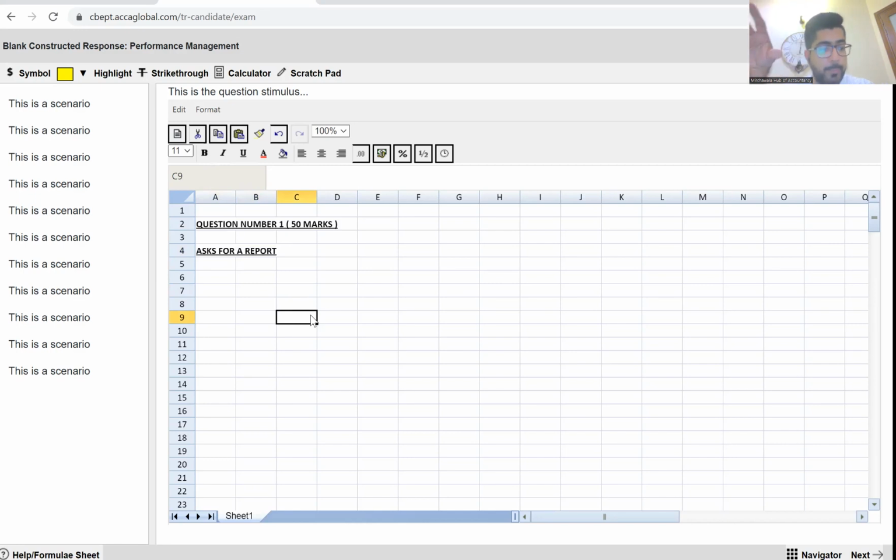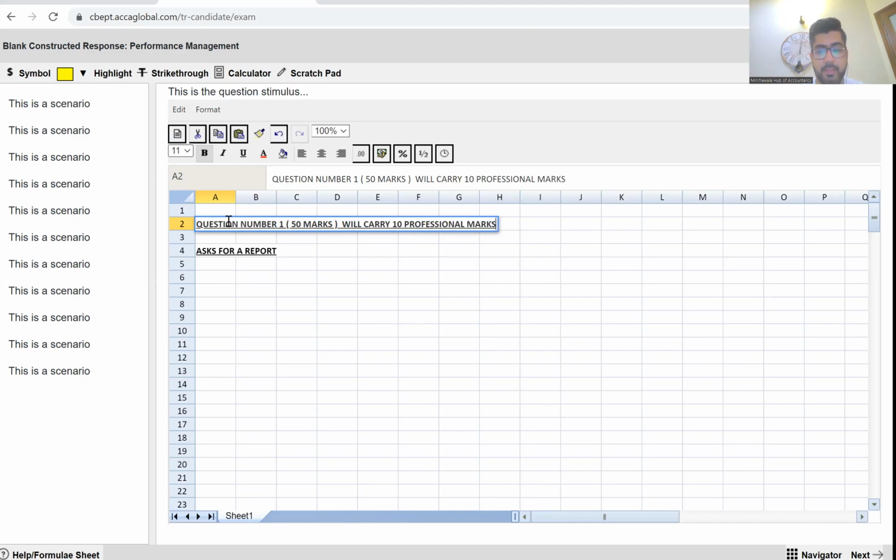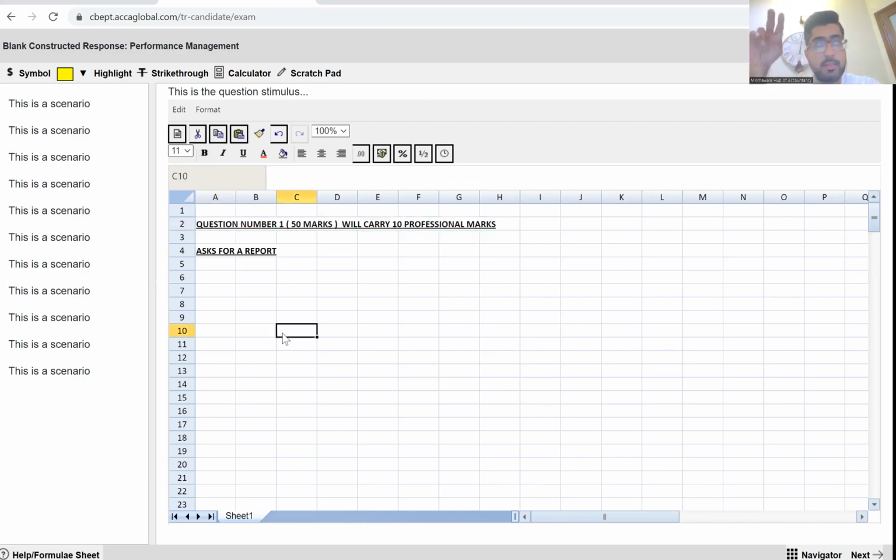Since your paper has 20 professional marks, the examiner has given a statement that question number 1 of 50 marks will carry 10 professional marks.